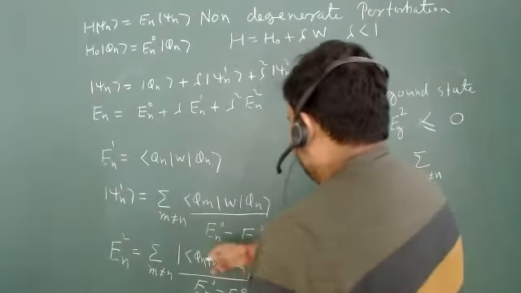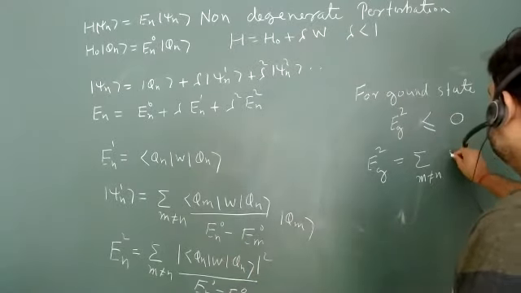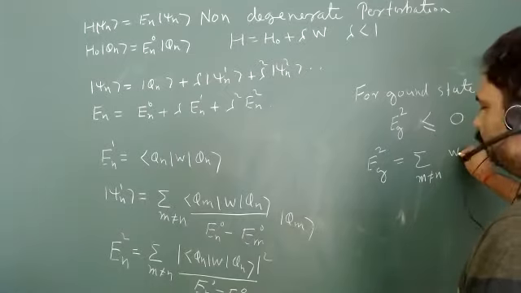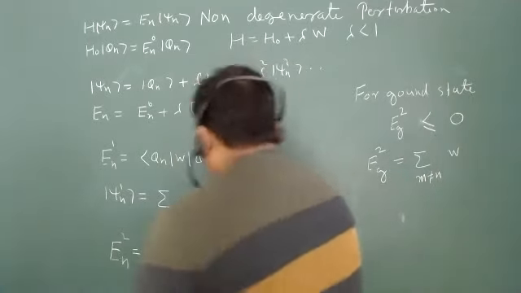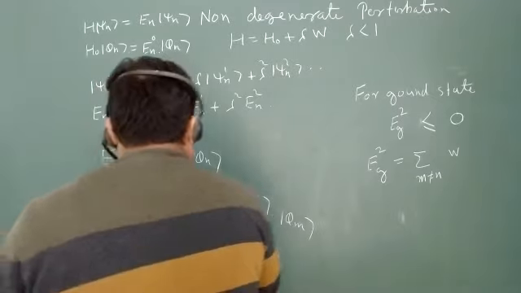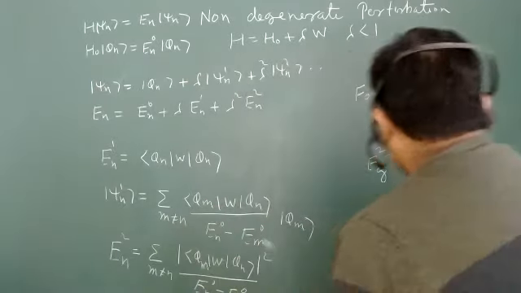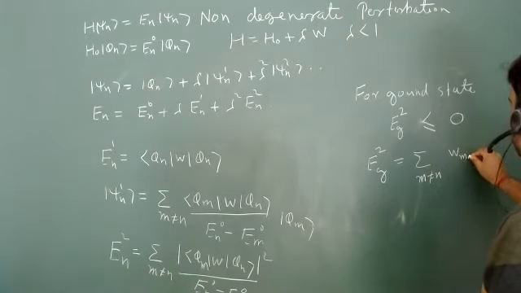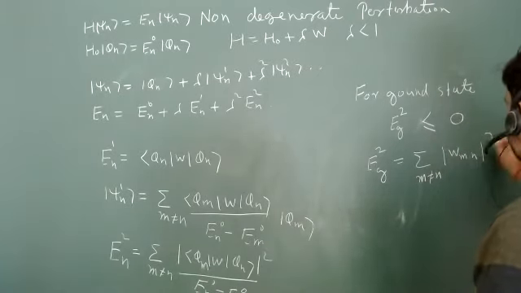Because this is a mod square. So this will be some number, the matrix element mn, but we have to take the mod square.